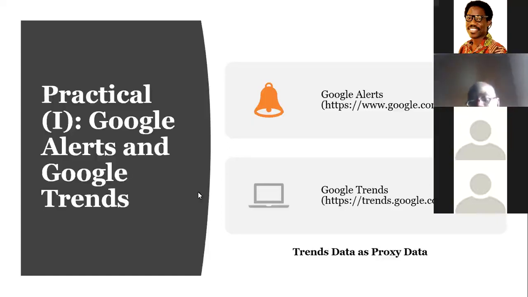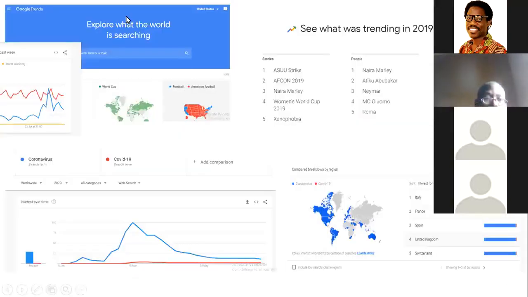So now the next one is Google Trends. This particular link is what you need to use if you want to use Google Trends. But in the front, I will show you how you can use Google Trends more. So now, if you look at this one, by the time we copy that particular link that I showed in the previous slide, you will see this, explore what the world is searching.